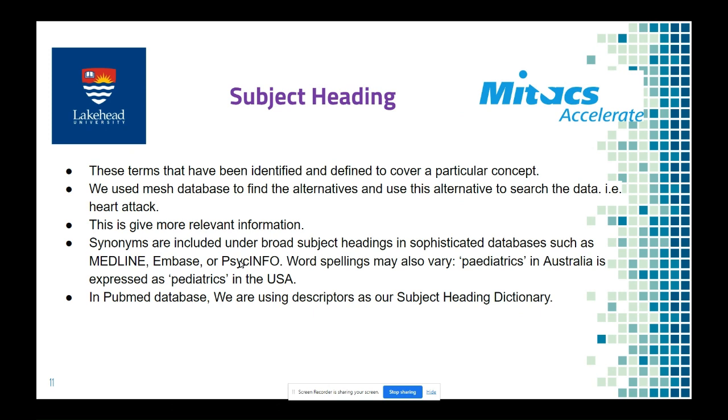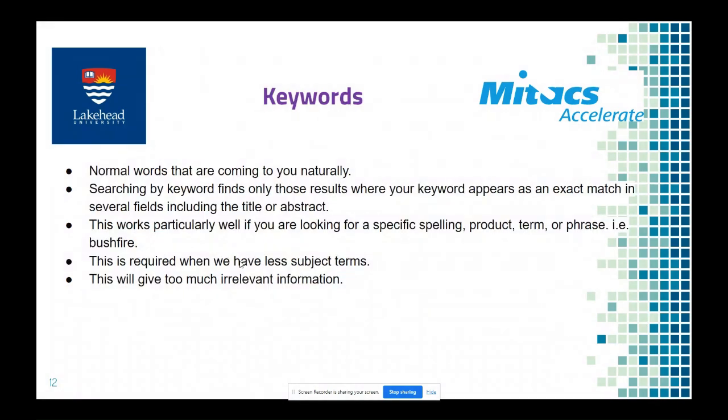For example, pediatrics in Australia is spelled differently from pediatrics in the US. Because of this variation, we have to use the PubMed keyword, which helps us consider these kinds of scenarios.